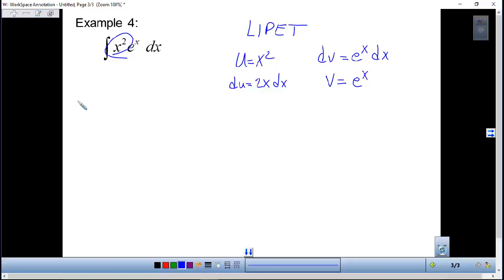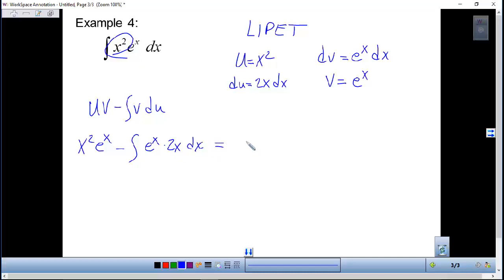All right, now I'm not going to write everything out again, so we're just going to start off with the u times v. So u times v minus the integral of v du. All right, so we've got x squared e to the x minus the integral of v, e to the x, times du, 2x dx.